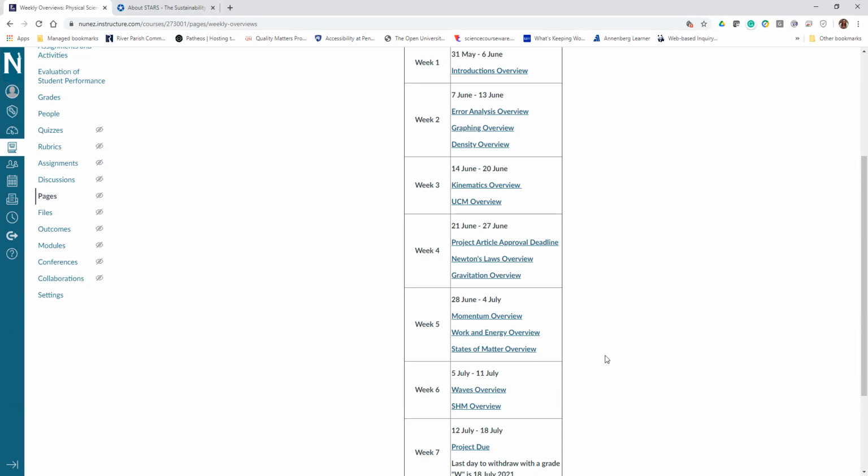But I want to wait and do that next week, because your focus is on these three overviews for this week. I will say this work and energy experiment is pretty involved, so it's probably best that I wait and discuss the project then anyway, so that you can focus on these experiments.